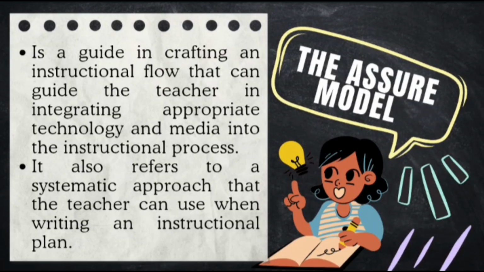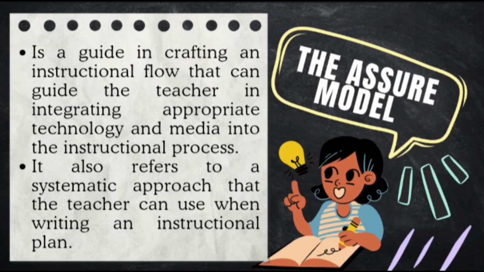Second bullet, it also refers to a systematic approach that the teacher can use when writing an instructional plan. This means that the model provides a structured and organized method for creating lesson plans.